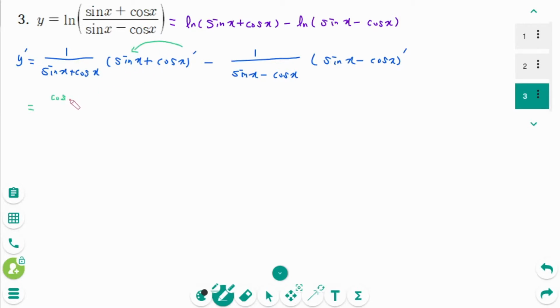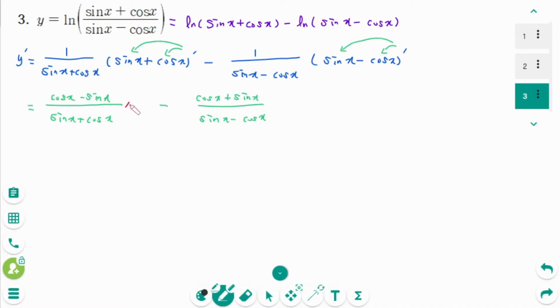cosine of x minus sine of x over sine of x plus cosine of x, minus the first one, cosine of x minus sine of x, make positive, over sine of x minus cosine of x.